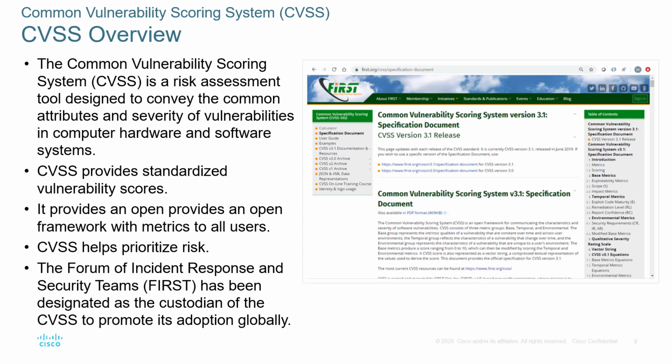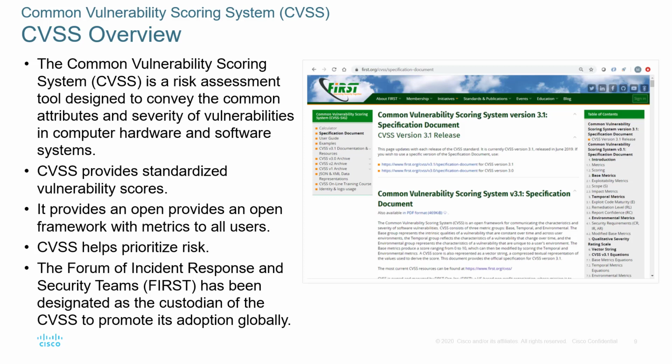It provides a standard platform for reviewing and understanding vulnerability scores. FIRST is the forum of incident response and security teams, and they have actually created and developed this CVSS scoring system for a global-based adoption.